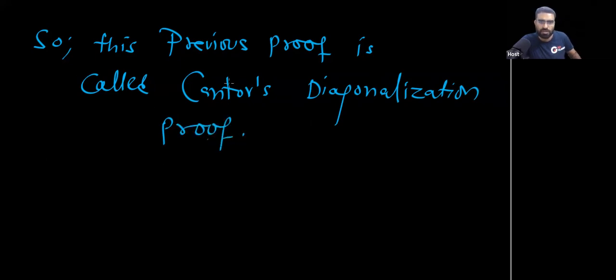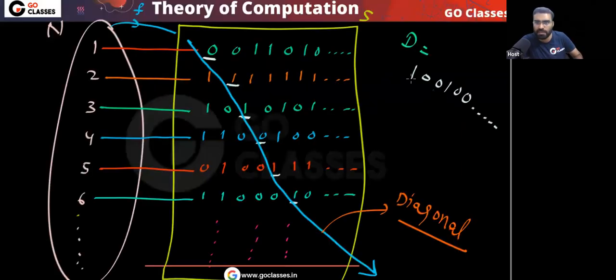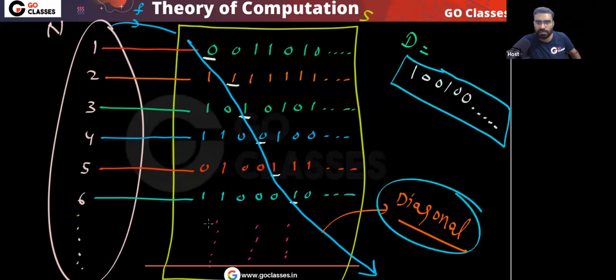It is called that because we are creating this element D diagonally. That is the reason this is called Cantor's diagonalization proof.